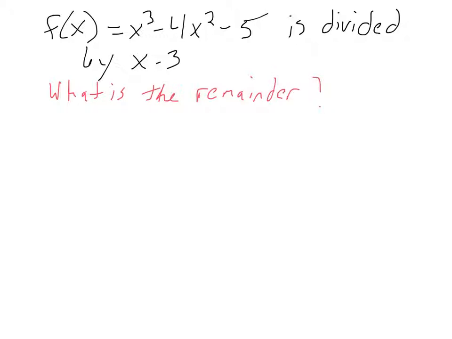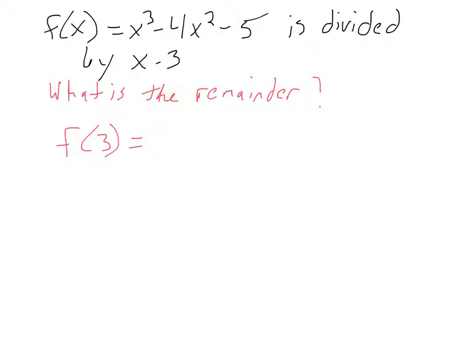Right, okay, well, it's divided by x minus 3. What is the remainder? So if we use the remainder theorem that we just established here, to find the remainder when it's divided by x minus 3, we can just take f of 3, and that should give us the remainder, right?